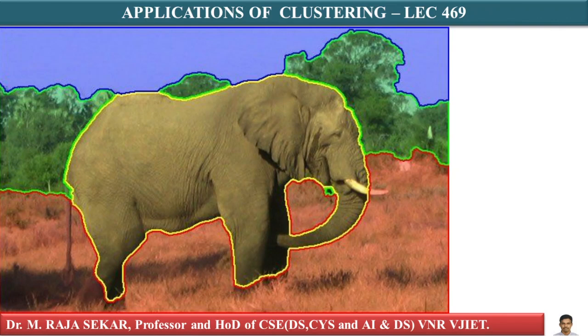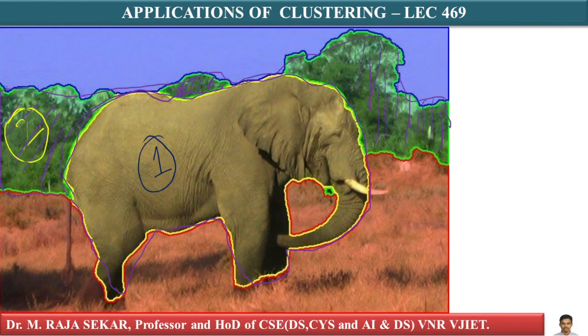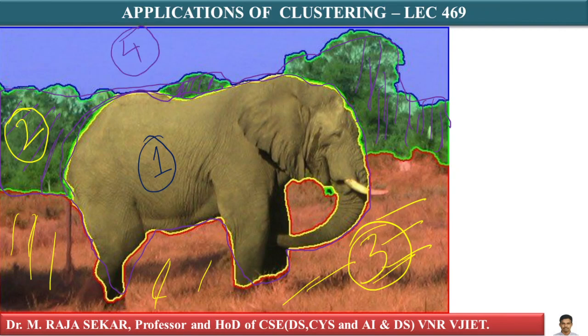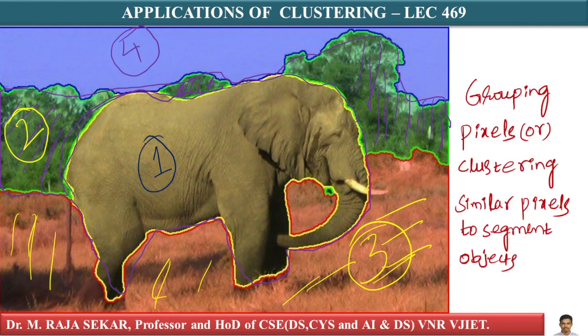This whole thing is one part, this one is another part, this one is the third part, this one is the fourth part. So image segmentation is all about grouping pixels, or clustering similar pixels, to segment objects typically. This is an elephant.